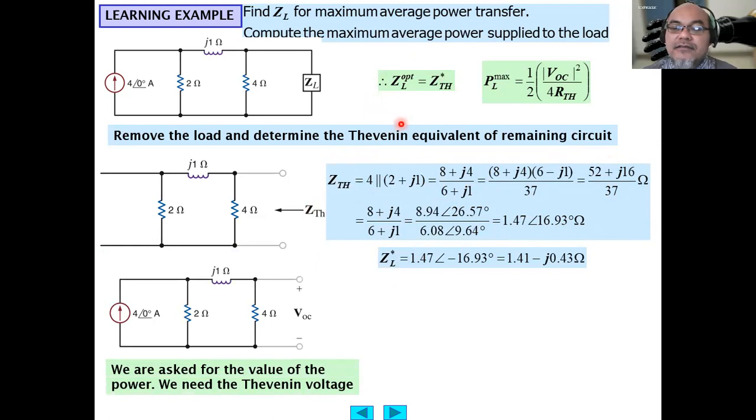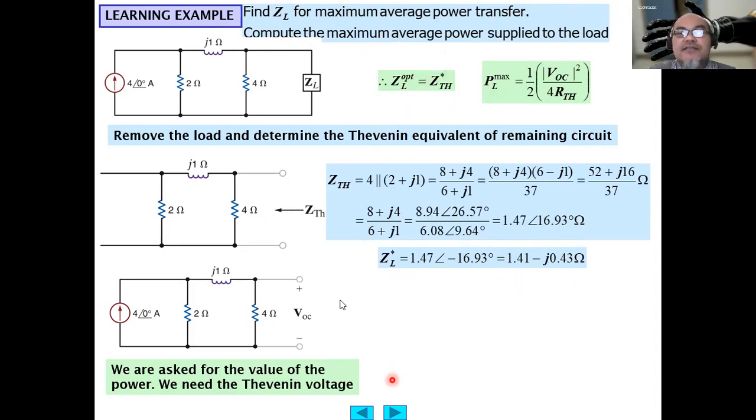Then the optimum load impedance will be the conjugate of this Thevenin equivalent impedance, which equals 1.47 with a negative phase angle of minus 16.93 degrees, or 1.41 minus J0.43 ohm. So we already answered the first question, the ZL for maximum average power transfer, based on the formula derived in the earlier slide.